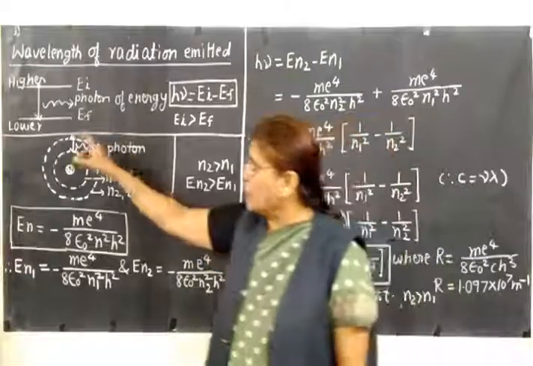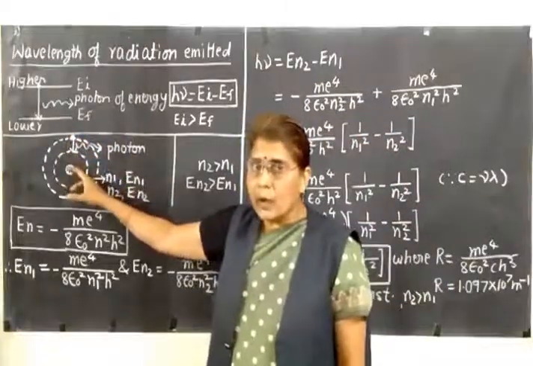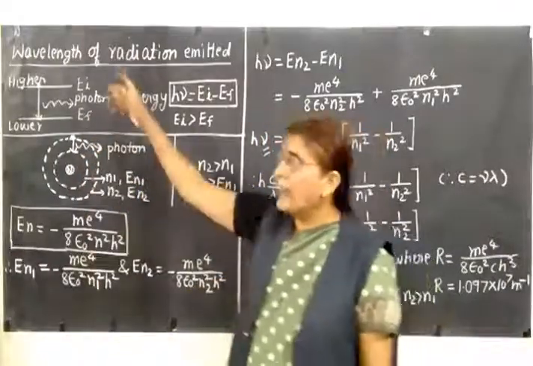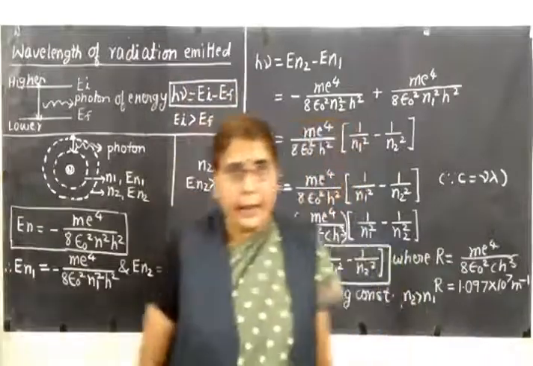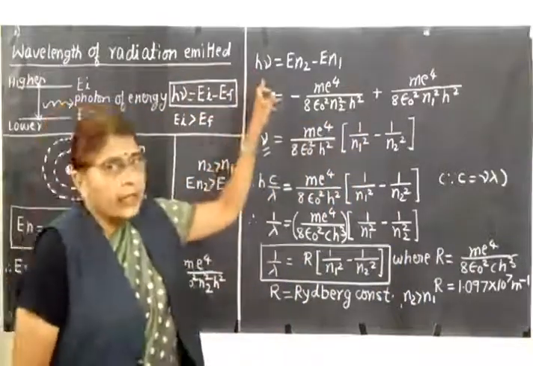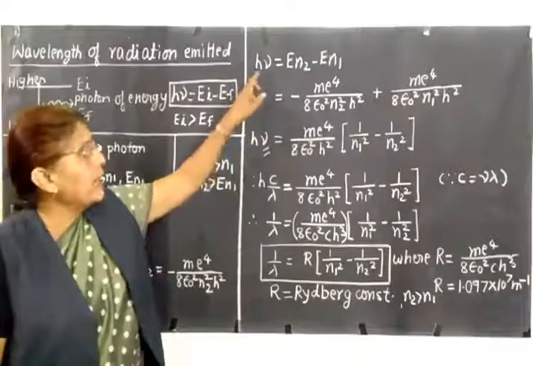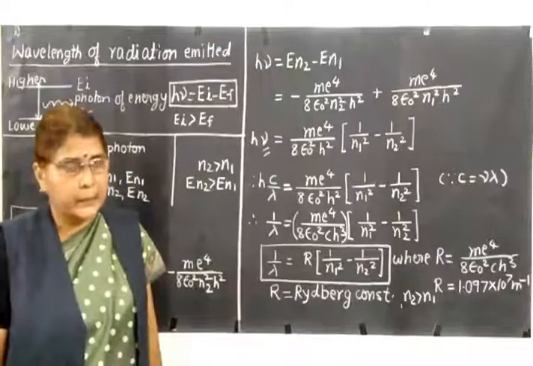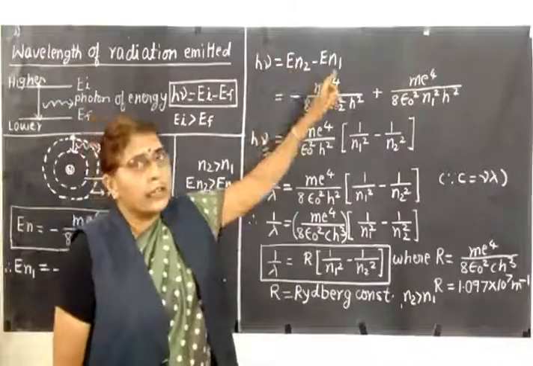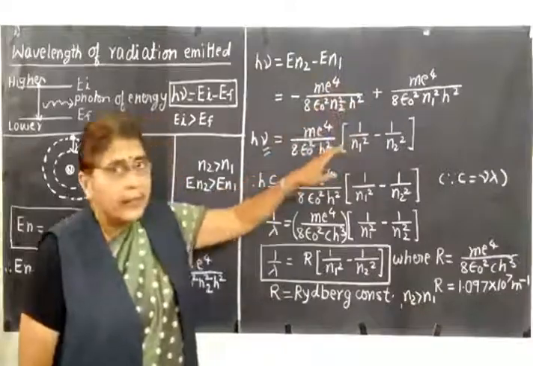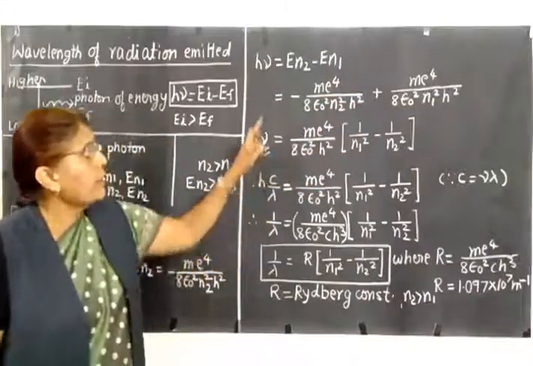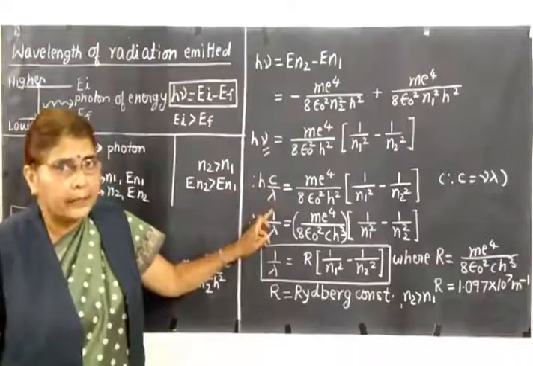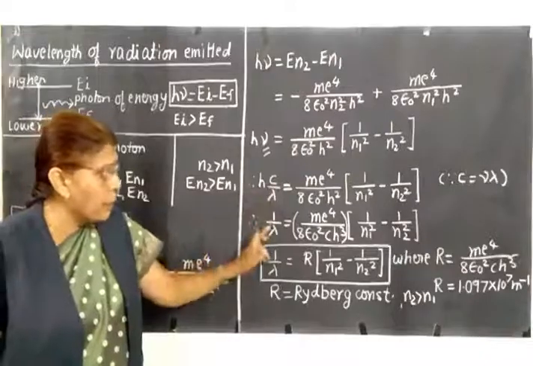When an electron jumps from the outer orbit to the lower orbit, the difference of energy between the two orbits is given out in the form of electromagnetic radiation, and the energy of the emitted photon is given as h nu equals En2 minus En1 according to Bohr's third postulate. Now we have substituted the values of En2 and En1 and simplified. Here we have made one substitution for nu: nu we have written as c upon lambda.